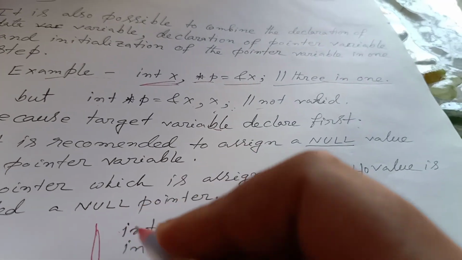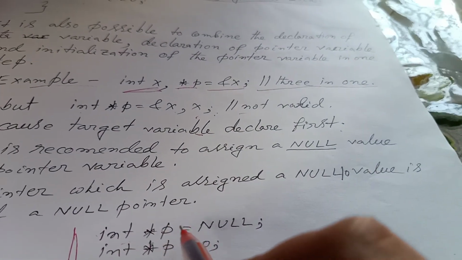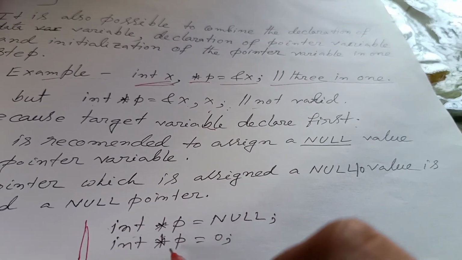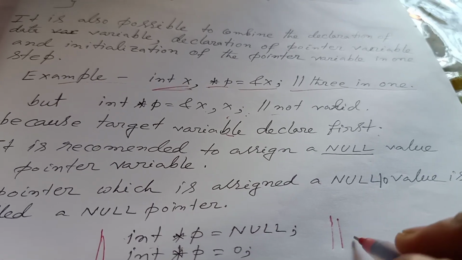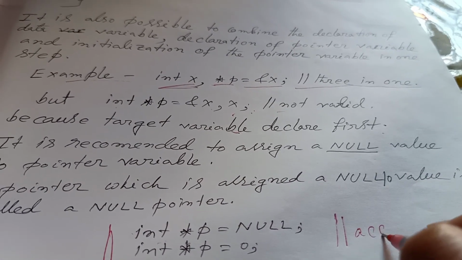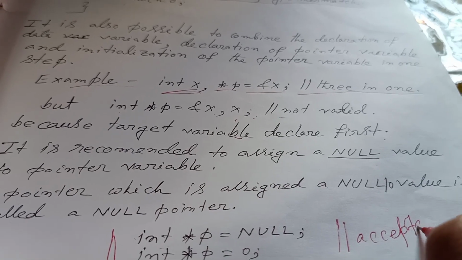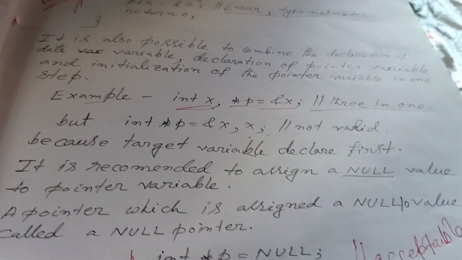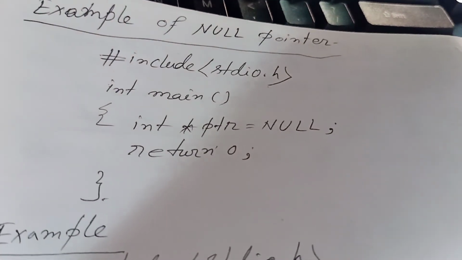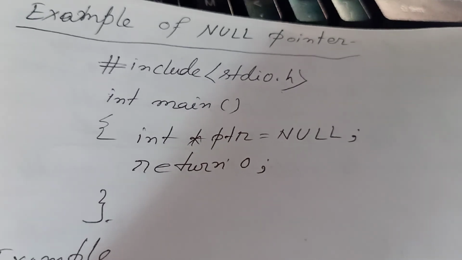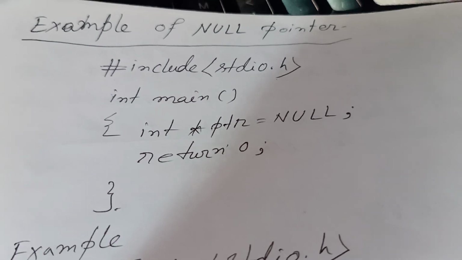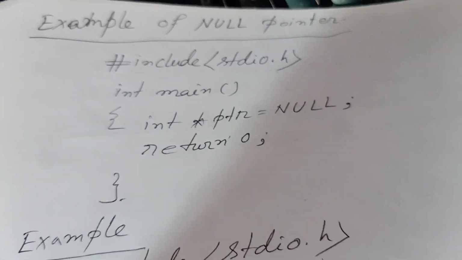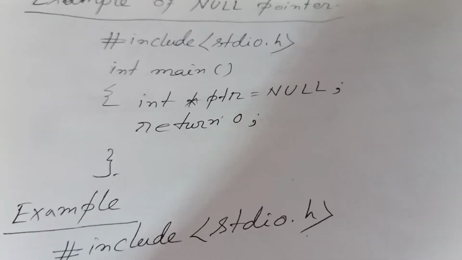Example is int *p = NULL, int *p = 0. Both are acceptable. Now example of null pointer: #include <stdio.h>, int main, int *ptr = NULL and return 0. This is the code.